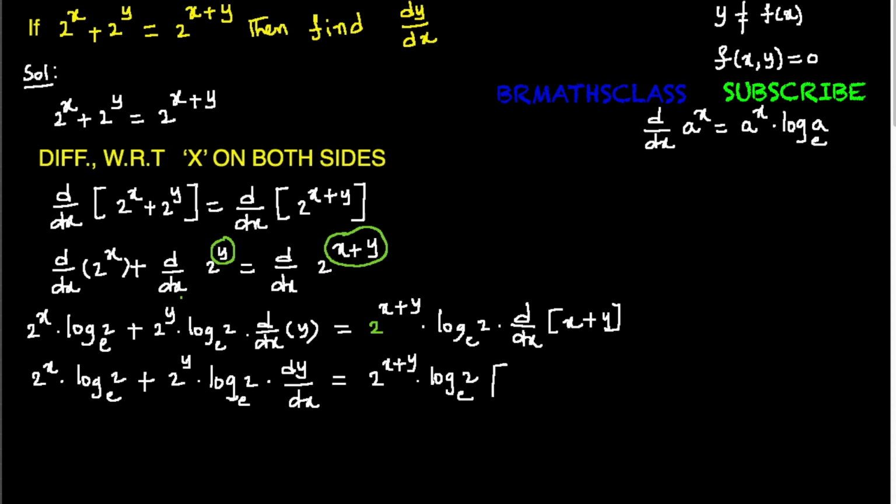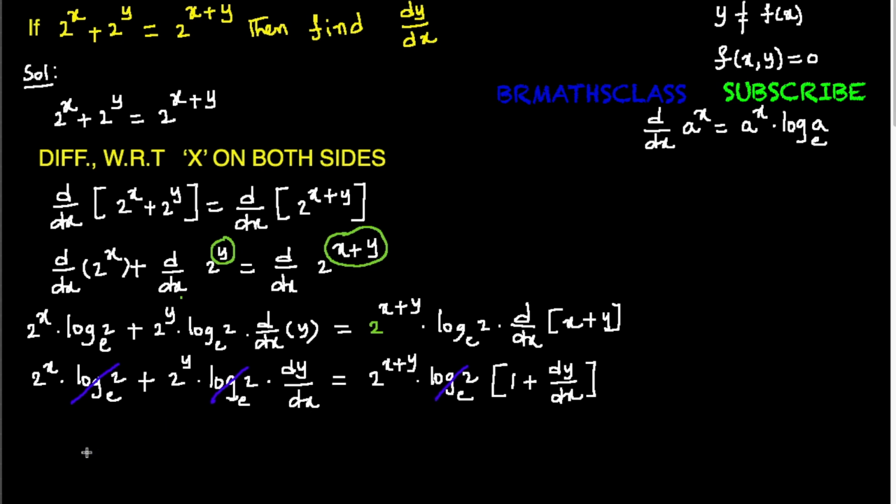I will write the direct step here. d/dx of (x+y) is derivative of x plus derivative of y. Derivative of x with respect to x is 1. Derivative of y with respect to x is dy/dx. Now you observe this, log 2 base e we can take common in the left hand side and it will get cancelled in the right hand side.